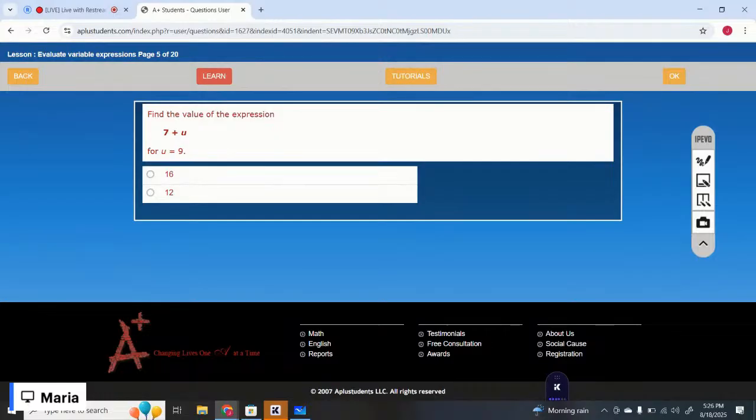Find the value of the expression 7 plus u. So u equals 9. Replace the variable u with 9.